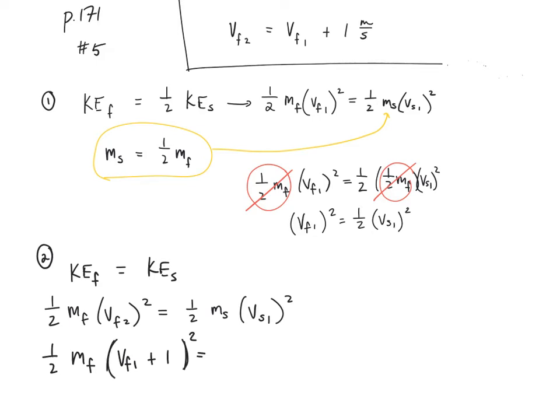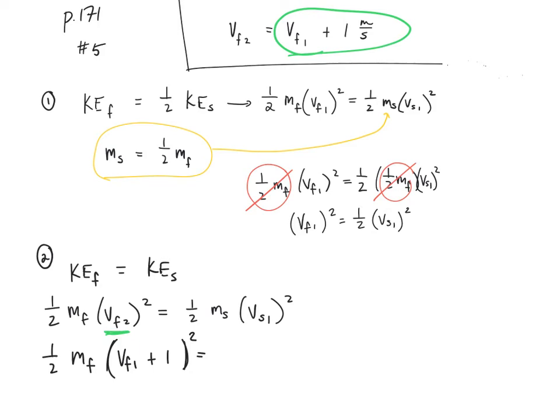So I'm replacing what's underlined in green with what's circled in green at the top there. We're told that the father speeds up by 1 meter per second from his initial velocity, so it's Vf1 plus that 1 meter per second.